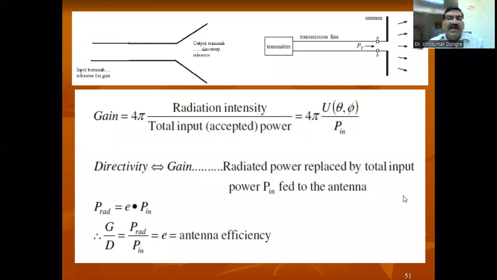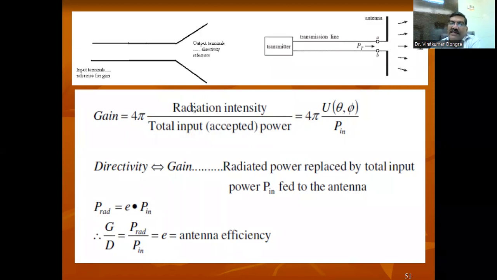Here we can consider the formula for the gain. Here 4 pi is taken as a constant. Radiation intensity upon total input accepted power.